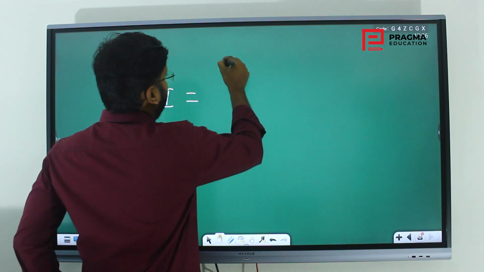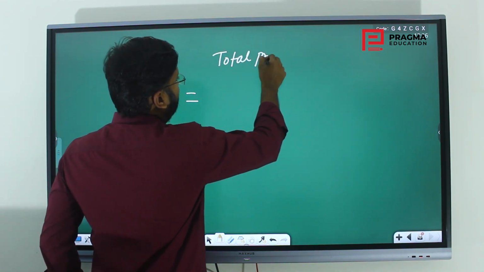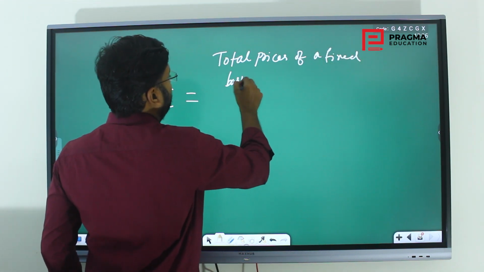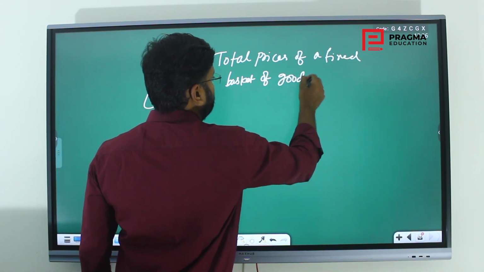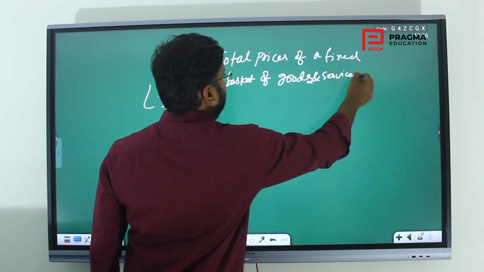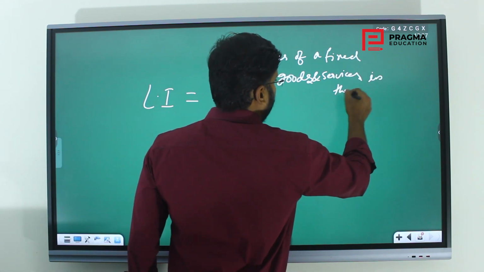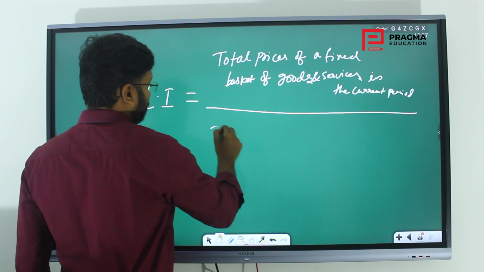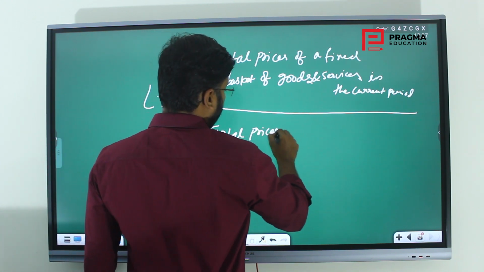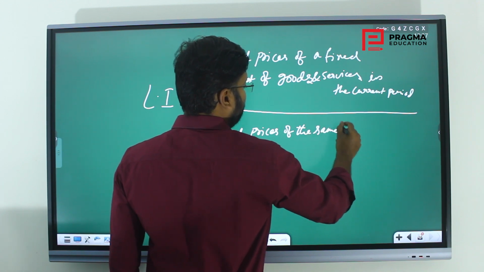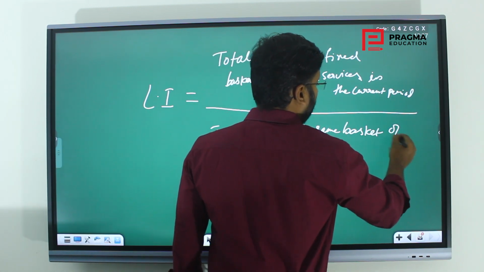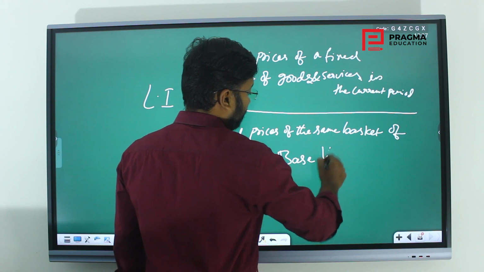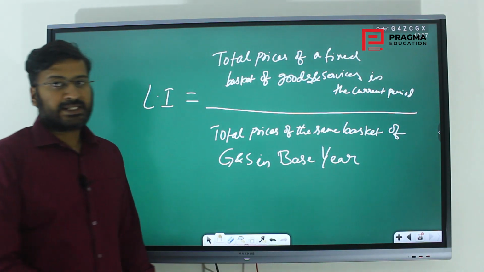Laspeyres' index is the total prices of a fixed basket of goods and services in the current period divided by the total prices of the same fixed basket, the same basket of both goods and services, in the base year. This is Laspeyres' index.